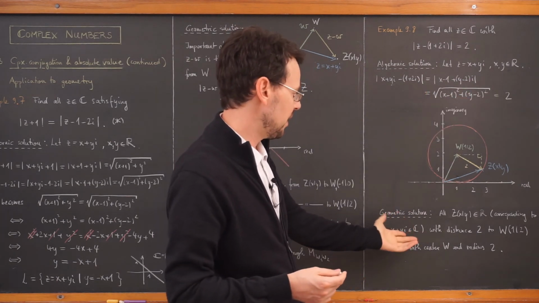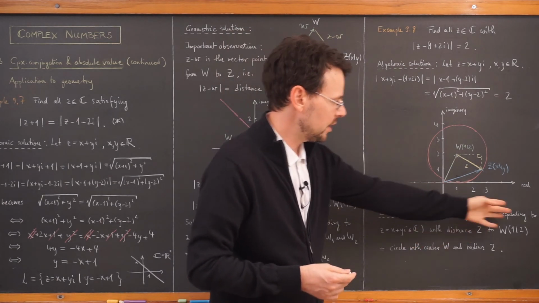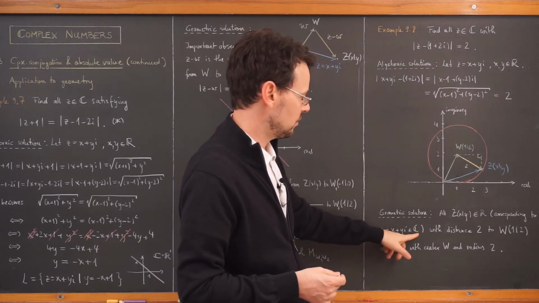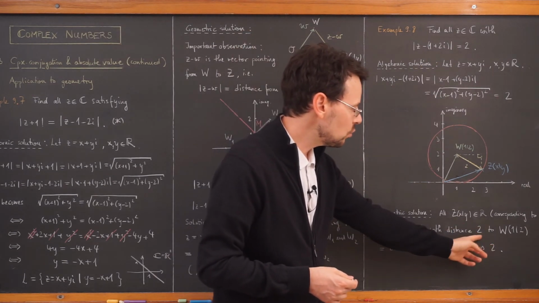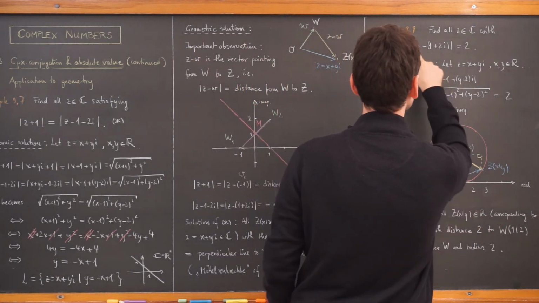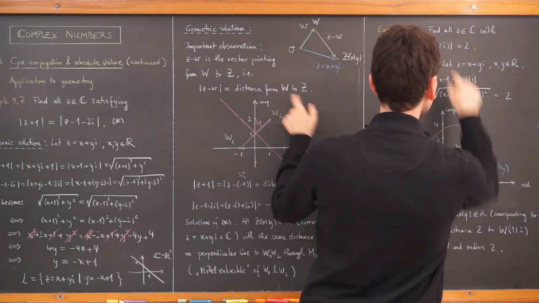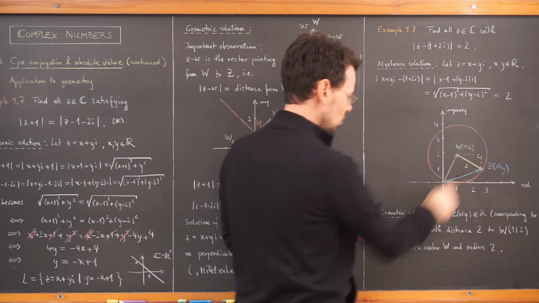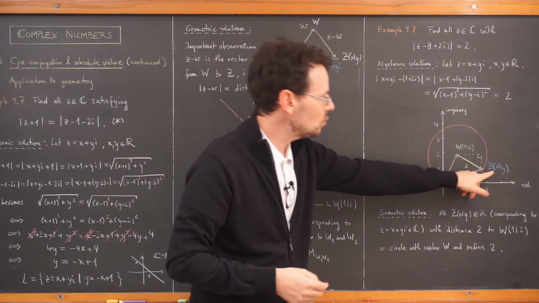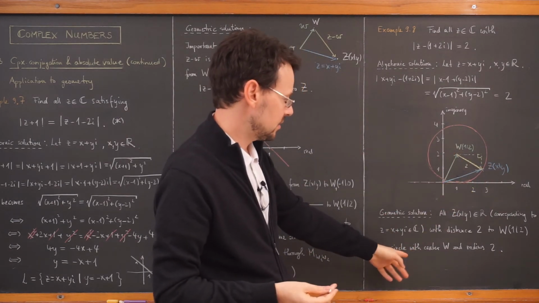Now, in the geometric solution, we are looking for all the points (x, y), again corresponding to the complex numbers that satisfy this equation, which have distance 2 to this point, because here, by this observation, this is nothing but the distance from w, which is this point (1, 2), corresponding to this complex number, 1 plus 2i, to our points z. And then, of course, this is obvious.